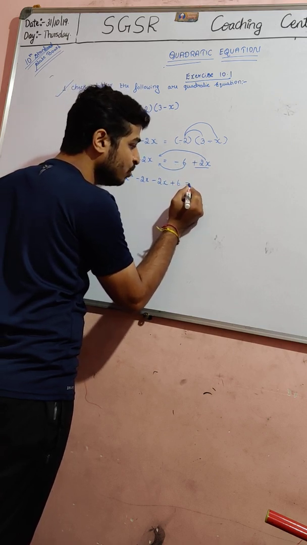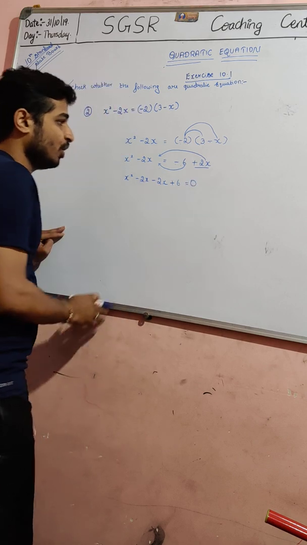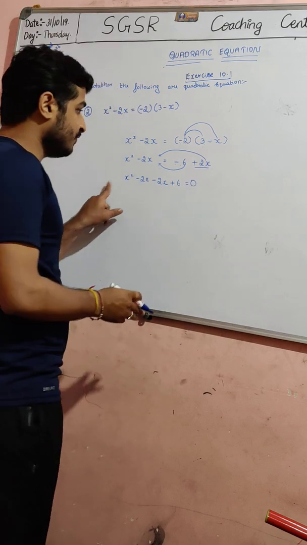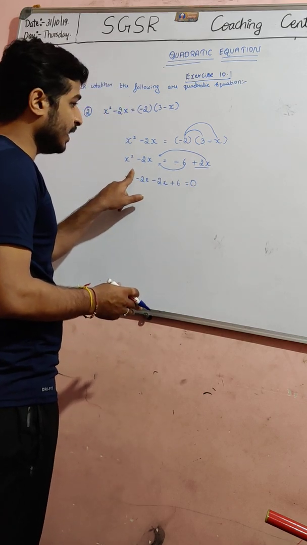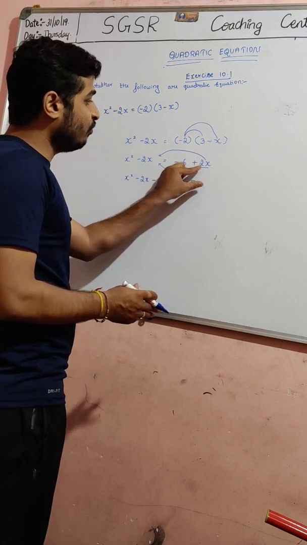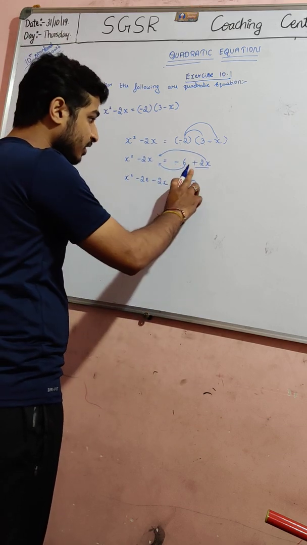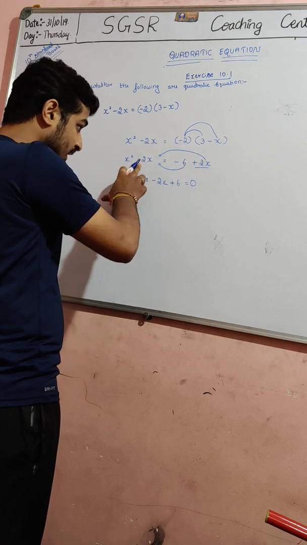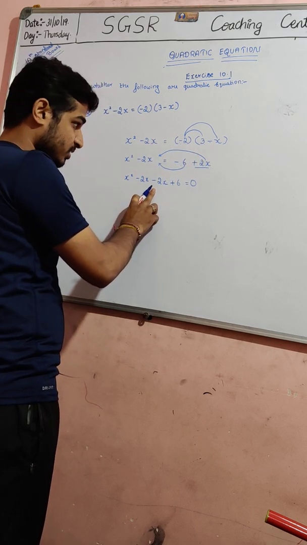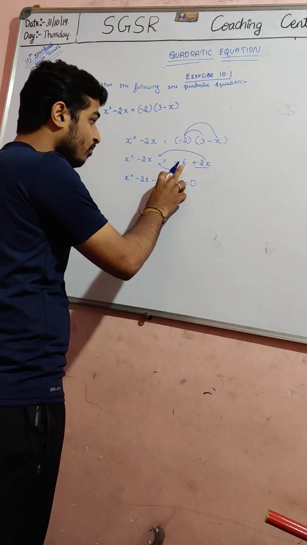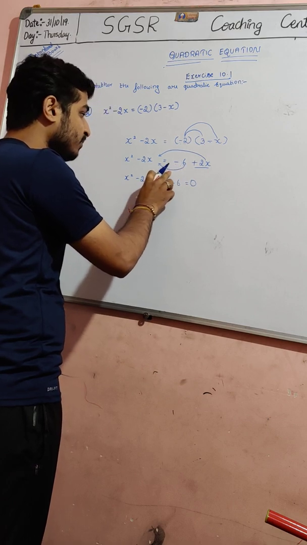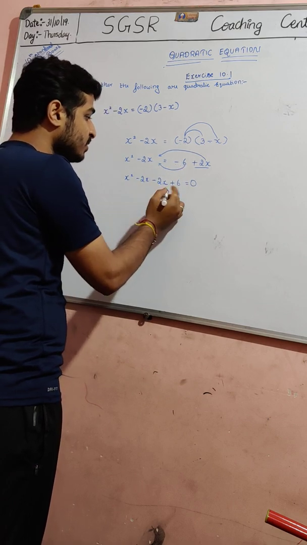That will be equal to 0. Students, when you are shifting terms from here to here, be careful with the signs. When it is plus and comes here, it becomes minus 2x. When it is minus 6 and comes here, it becomes plus 6.